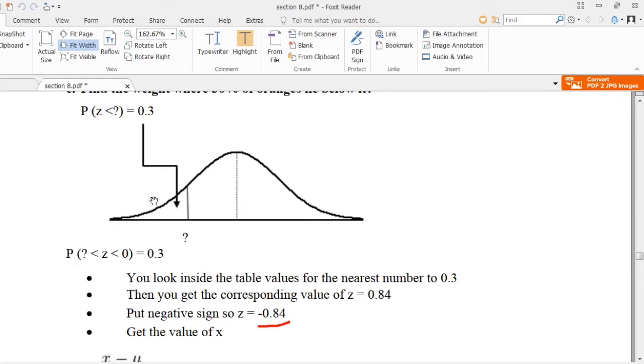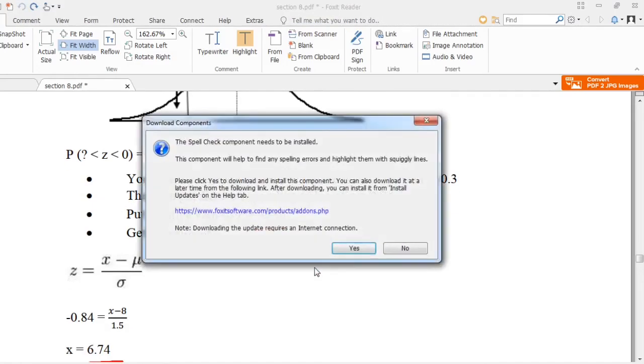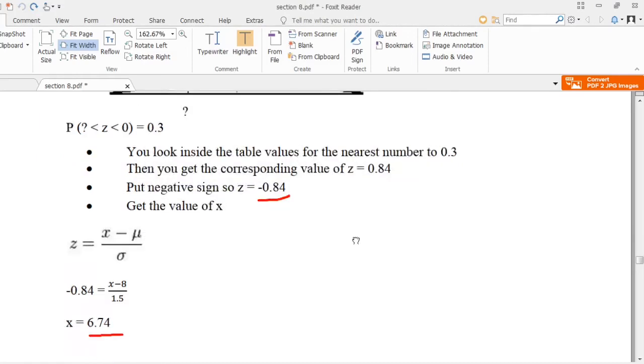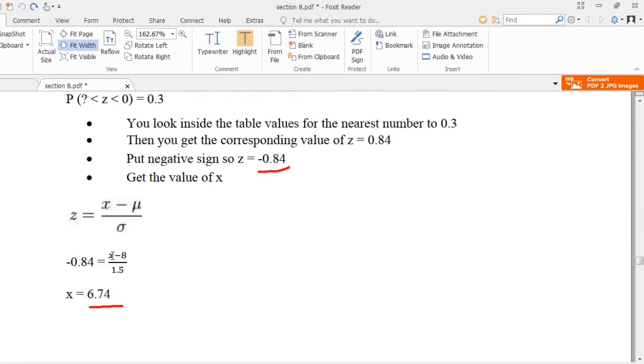So it is negative because it has less value, so it's negative 0.84. So we have this, and we will substitute for x and say we want to find x, and then you get here the value 6.74. So this is the desired outcome.